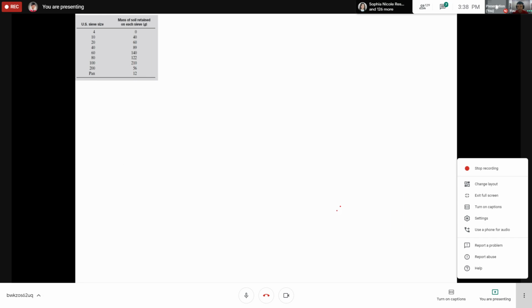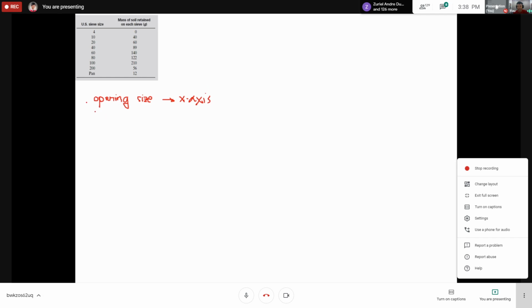Okay, so going back to the example, on the upper left you can see the small data. What we'll be needing for the particle size distribution curve is the opening size of the sieve, meaning the mesh size of your different sieve numbers, which becomes the x-axis.